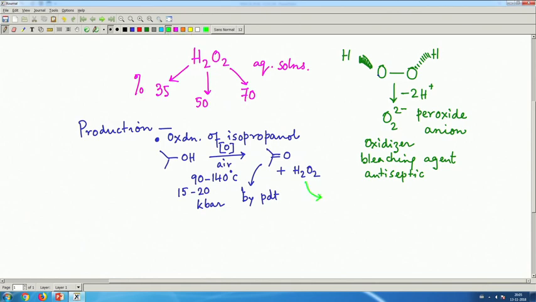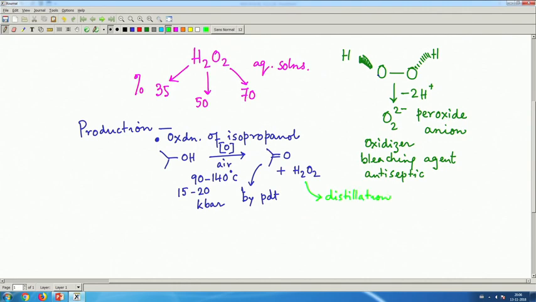It is produced in a very dilute solution, and this dilute form can be taken away through distillation.